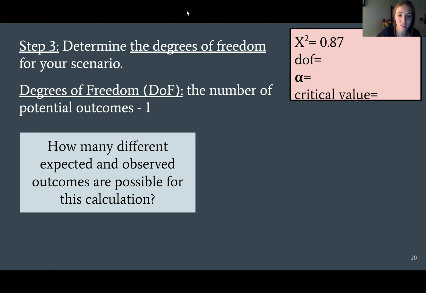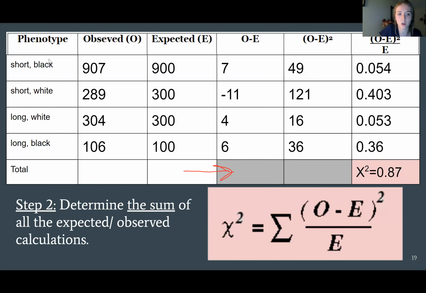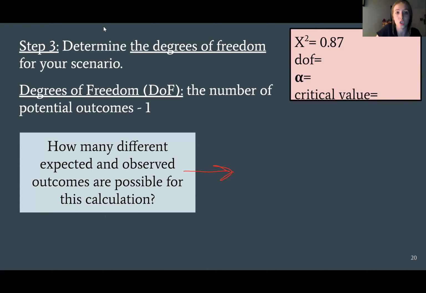Another way to say this, how many possible phenotypes are there? Think about that for a second. How many possible phenotypes are there? We wrote in the last chart there are 4 potentially different phenotypes, 4 different combinations of these 2 genes.